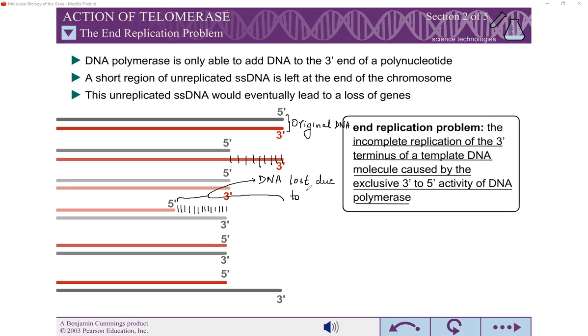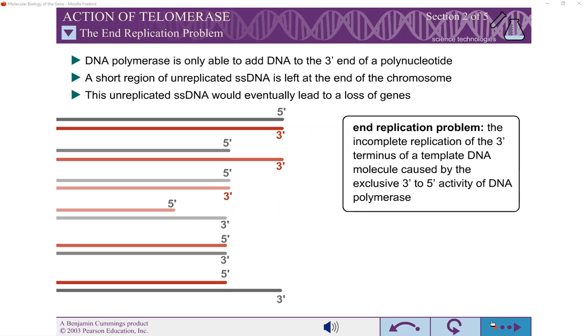This exonuclease activity has caused the loss of the segment of genes which were associated with the telomere. Now these have to be protected, else the integrity of the genome will be lost. How they will be protected, in what manner the protection has to be done, we will be looking forward. So kindly look forward.